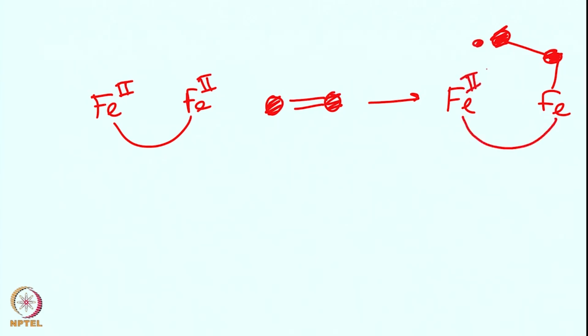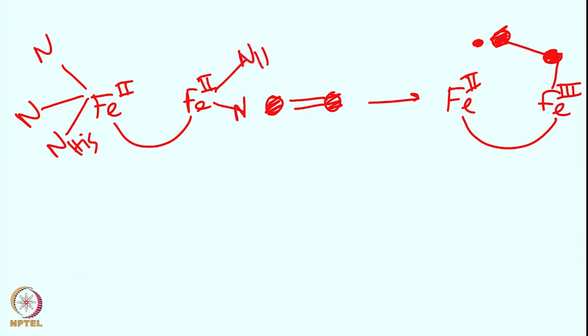So, in the first step it is an iron 2 iron 3 species, while only one of the iron sites will bind this oxygen, because the other side, as you have seen, has 3 histidine nitrogens. The other side has only 2 nitrogens, histidine, histidine, right. Of course, there is bridging, I am not trying to draw those, there is a double bridging anyway. So, these are over there, oxygen, oxygen, let us not try to draw the whole system.